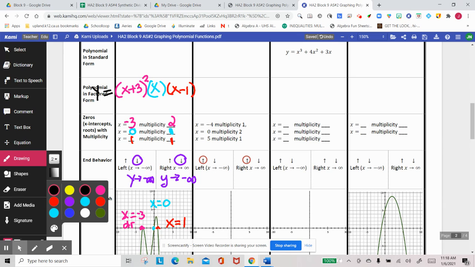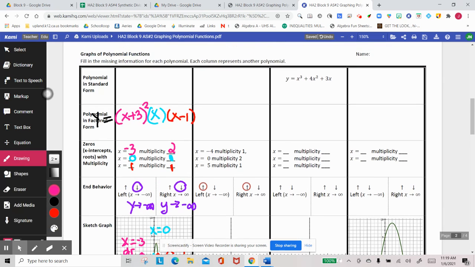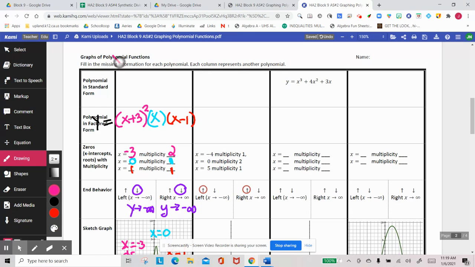Okay. So if I were to multiply this together again, I want to go ahead and multiply that x plus 3 quantity squared. So x plus 3 quantity squared, if I were to write that 2 times, and I use the box method or FOIL, I would get x squared plus 6x plus 9.